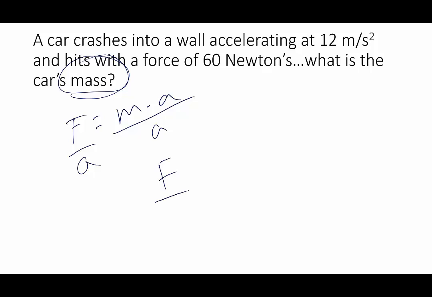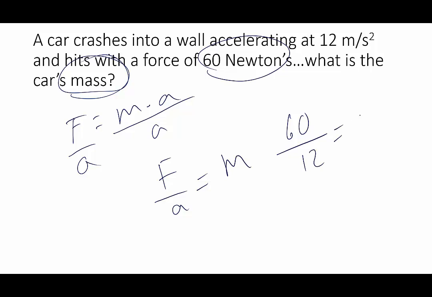So force over acceleration equals our mass. Our force is 60 newtons, so 60 over 12 equals mass. Mass equals 5 kilograms. Yep, pretty simple stuff.